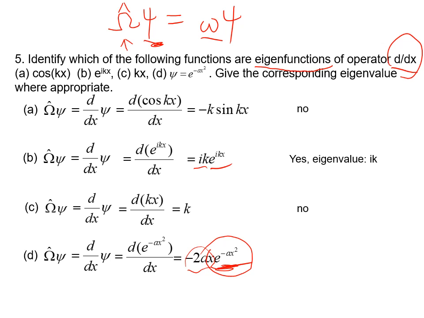This new function of x is not simply e to the negative ax, because you have x times it. So the new function is not the original function. You don't get the function back times a constant, and therefore this is not an eigenfunction.